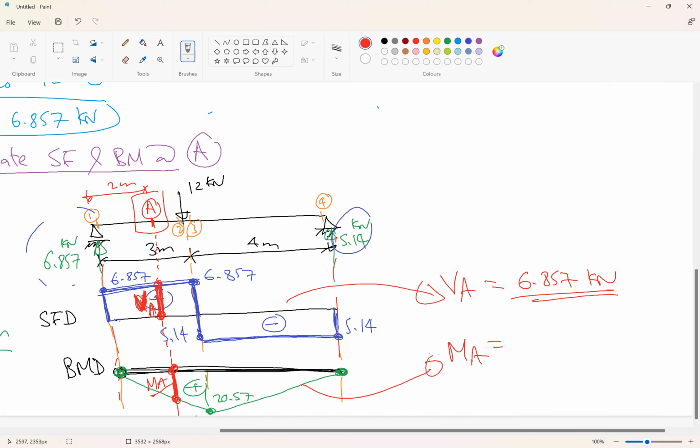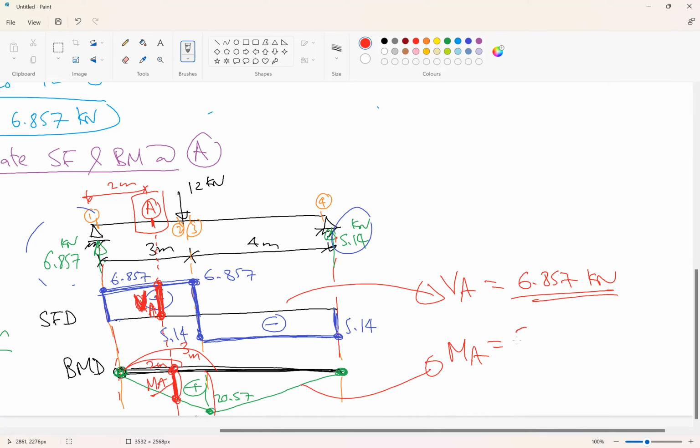What is MA? MA is this coordinate. So if we get it by proportion from these two triangles, this distance is 2 meters, this distance is 3 meters. We want MA, so we compare it to 20.57.